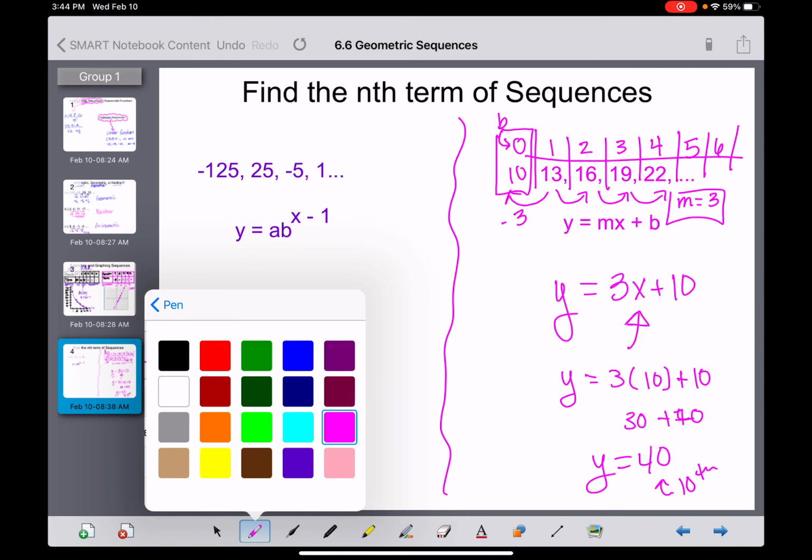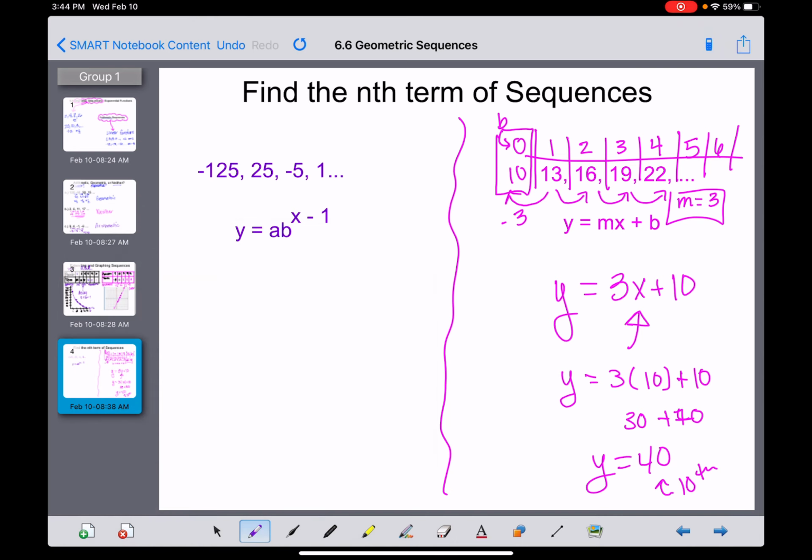Geometric sequences are actually a little bit easier. Recall that a stands for the initial value and b stands for our factor, or what our multiplier is. So our initial value is -125. So I have y equals -125. Okay, I have to find out what the pattern is. Each value is being divided by 5.